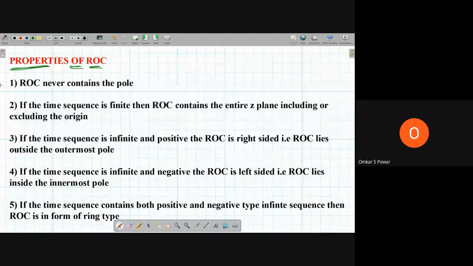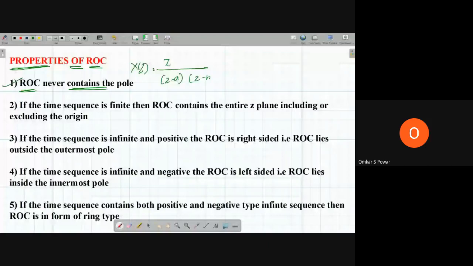As of now, just glance through it. The first property is that ROC never contains a pole. If you have your Z transform X of z equal to 1 over z minus a into z minus b, here a and b are your poles. So ROC should never contain a pole.